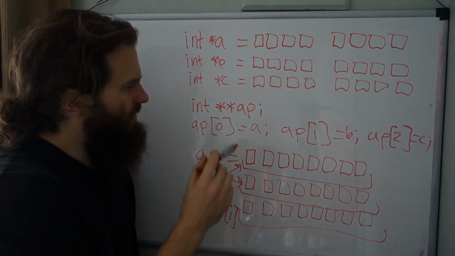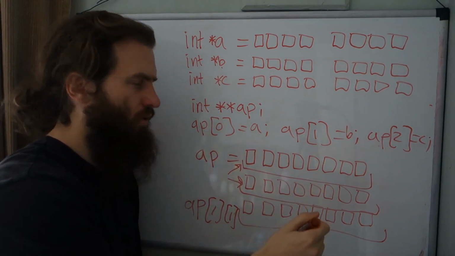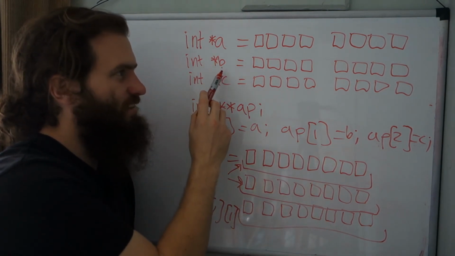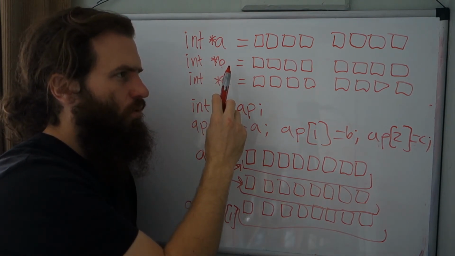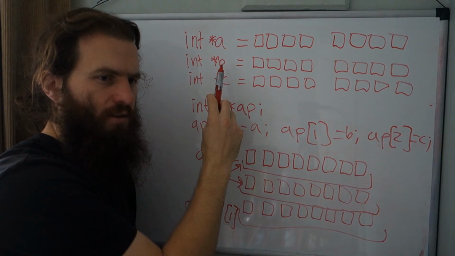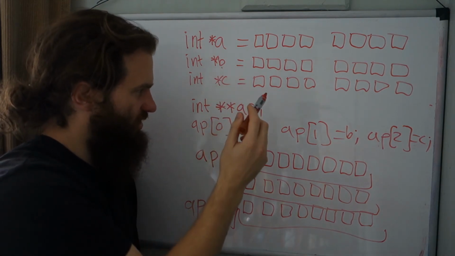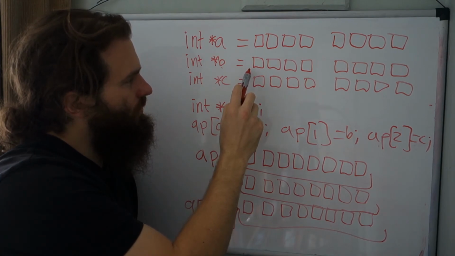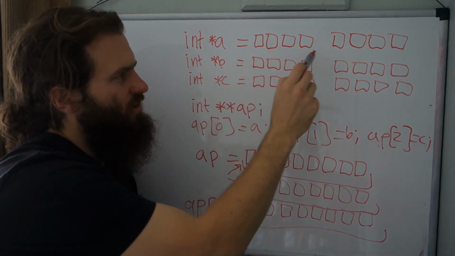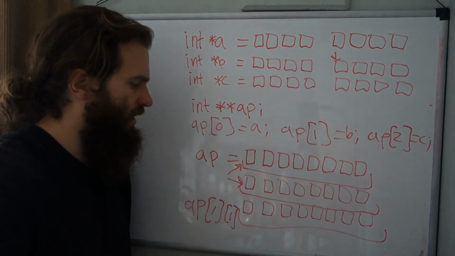This was a pointer to an integer pointer, which means this next thing is an integer pointer. So we multiply 1 by the size of an integer and we get here, which is how we get there.